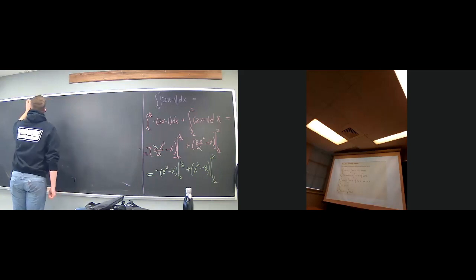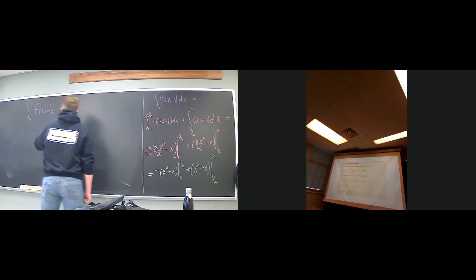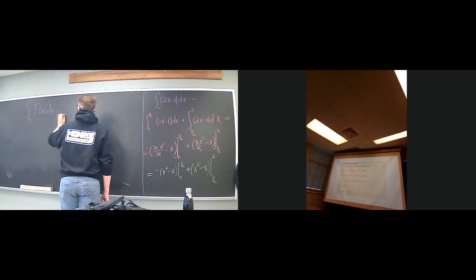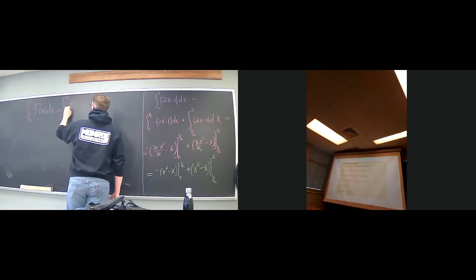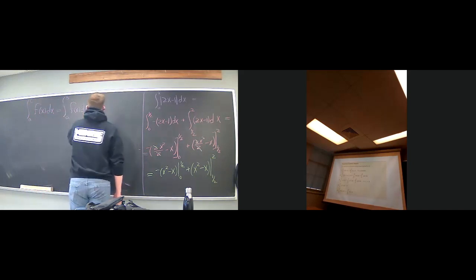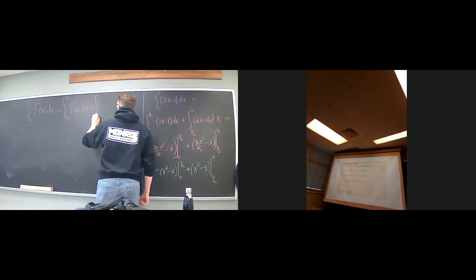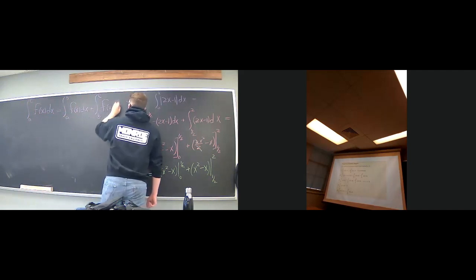So let's say we're integrating from a to c of some function. Well, we can break this up as the integration from a to b of our function with respect to x, plus the integration from b to c of our function with respect to x.